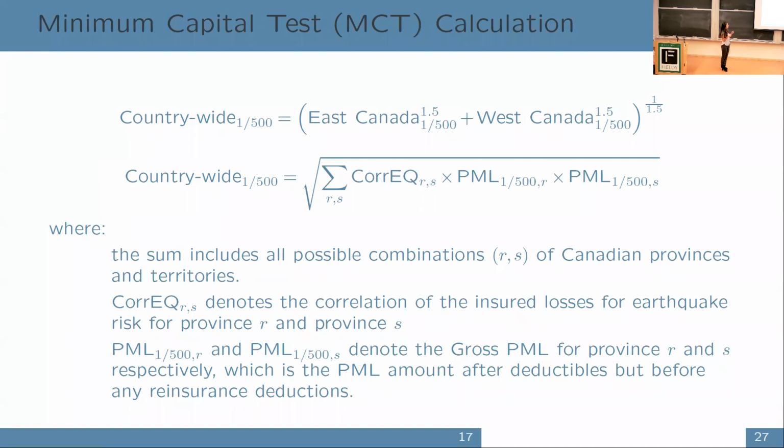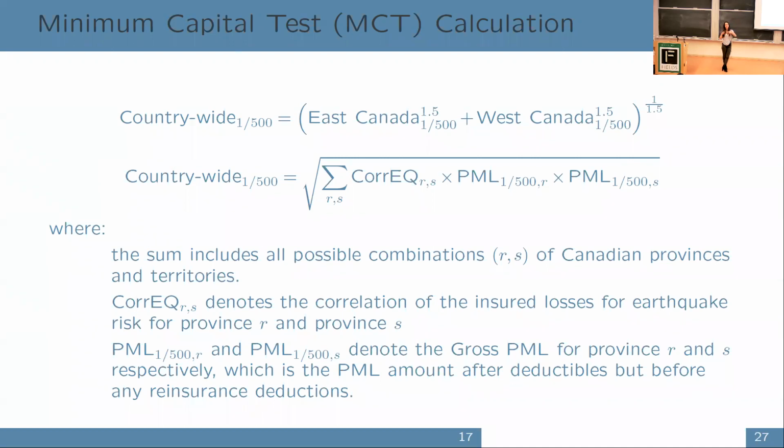So we have the probable maximal loss calculated using the GPD, where we estimated the parameters by minimizing the MSE of the quantiles that we have from the Geological Survey of Canada. We have those PMLs for each province. Then we calculate the correlation between each province, and then we can have this countrywide. And it used to be 1/250, an event that could happen once every 250 years.